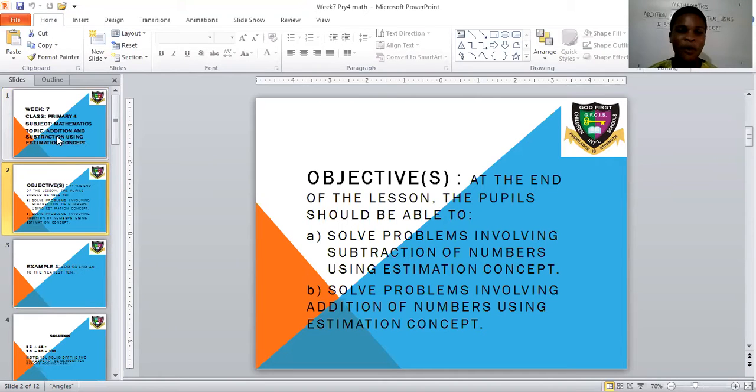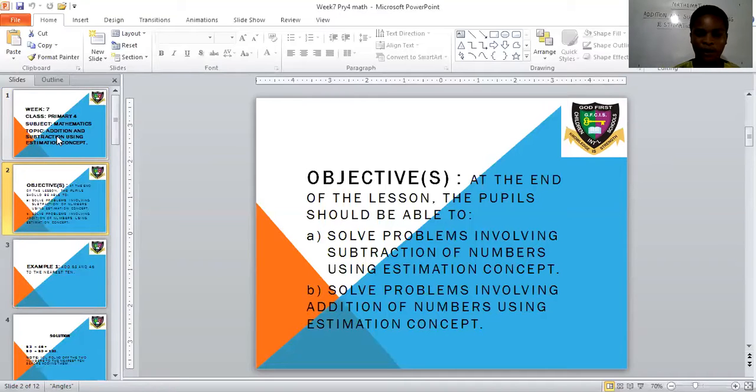So whenever you are estimating, whether approximating or rounding numbers, you are likely not to get the correct or accurate answer. You are only going to get the closest value to a particular answer. It is that same method that we are going to use to add up figures and numbers.